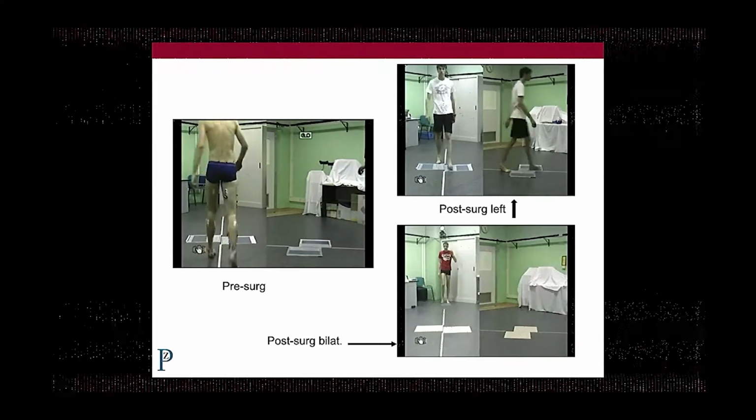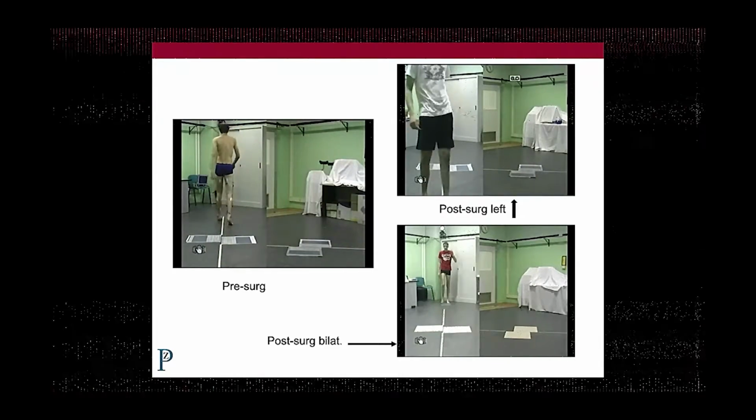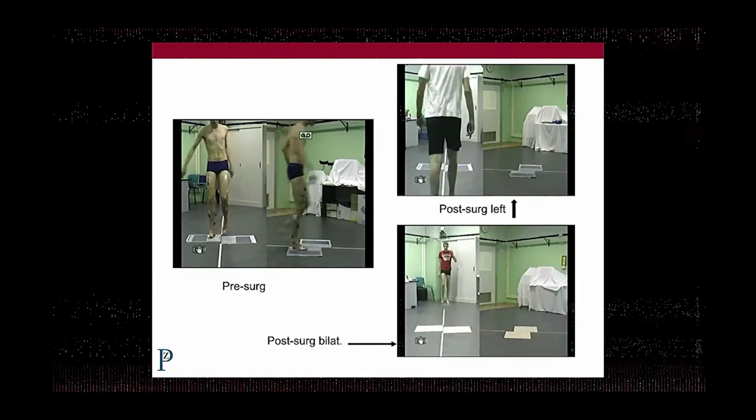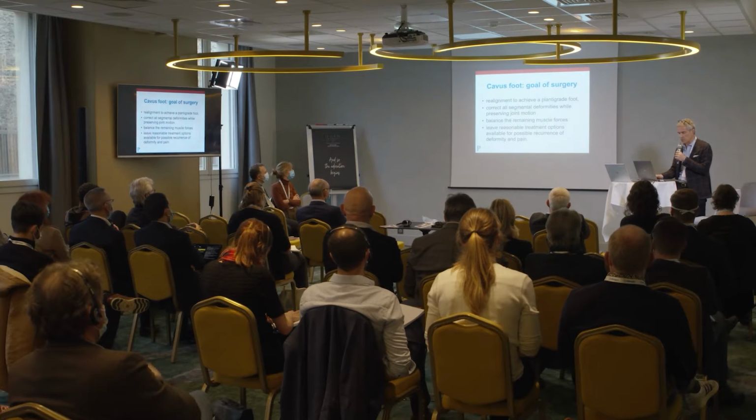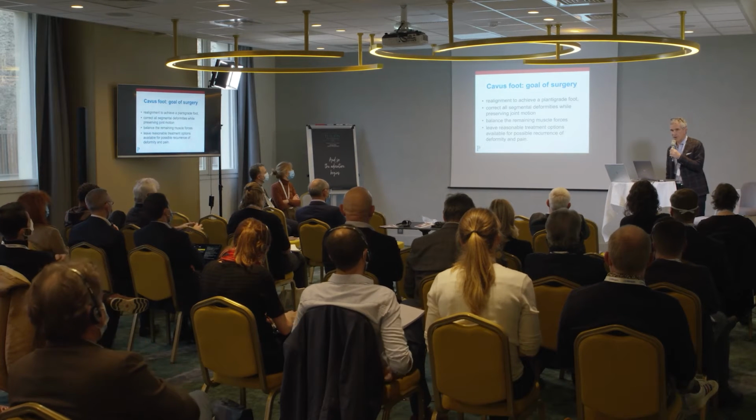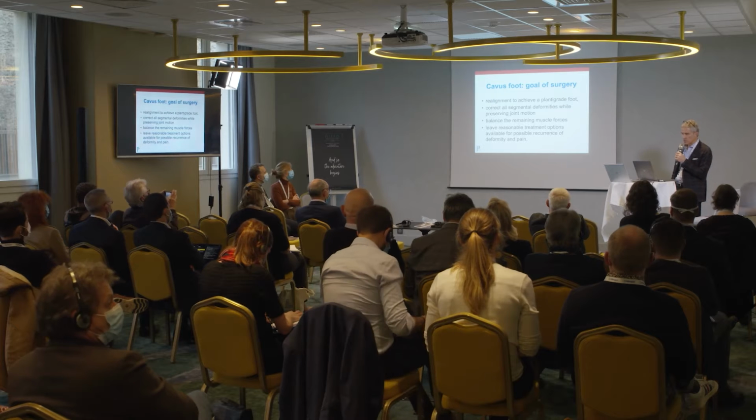On the left side, you still see rotation of the trunk on the right side, and after the bilateral correction, as we can see here, the correction of the trunk during the gait and the normal adduction position of the foot. These are a normal combination of posterior alignment for the cavus foot during the gait. So what are our aims in surgical goals?